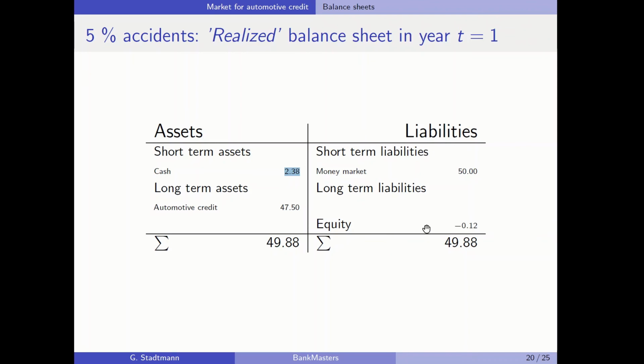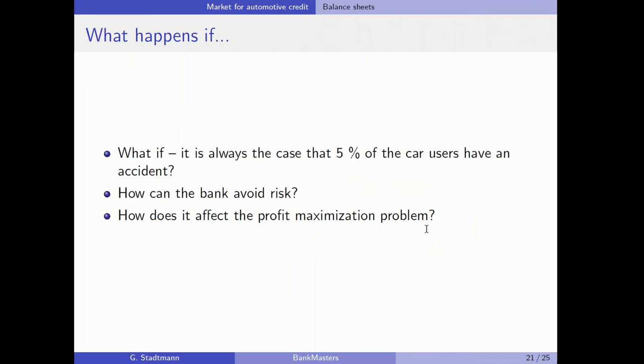Another sensitivity analysis. What happens if it is always the case that 5% of the car users have an accident? How can the bank avoid risk? How does it affect the profit maximization problem? So we talked about the life insurance already.